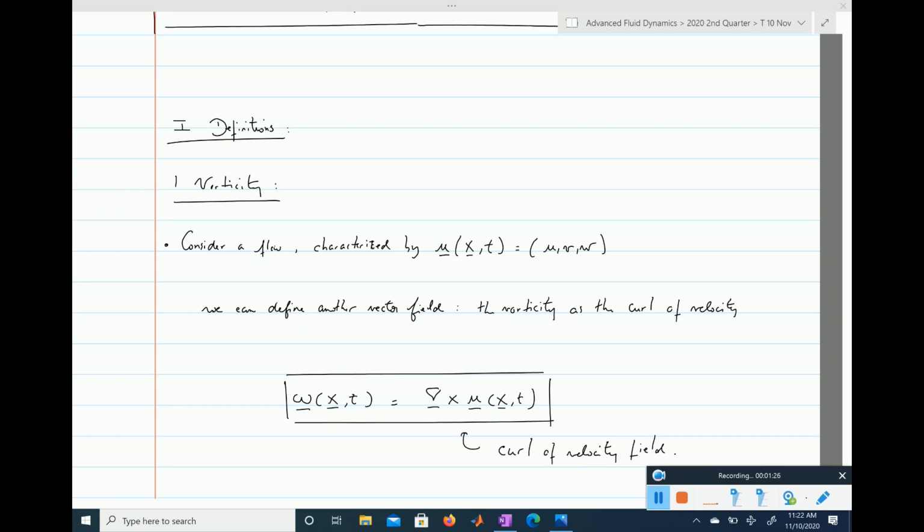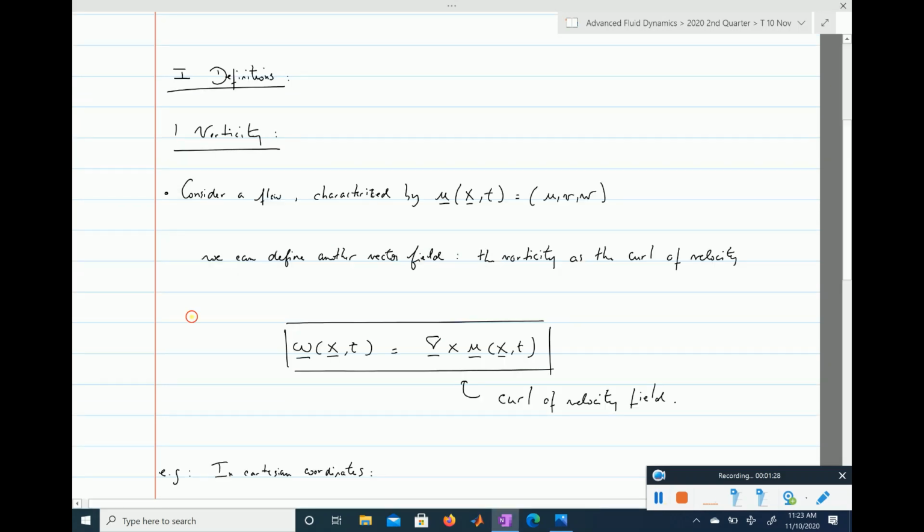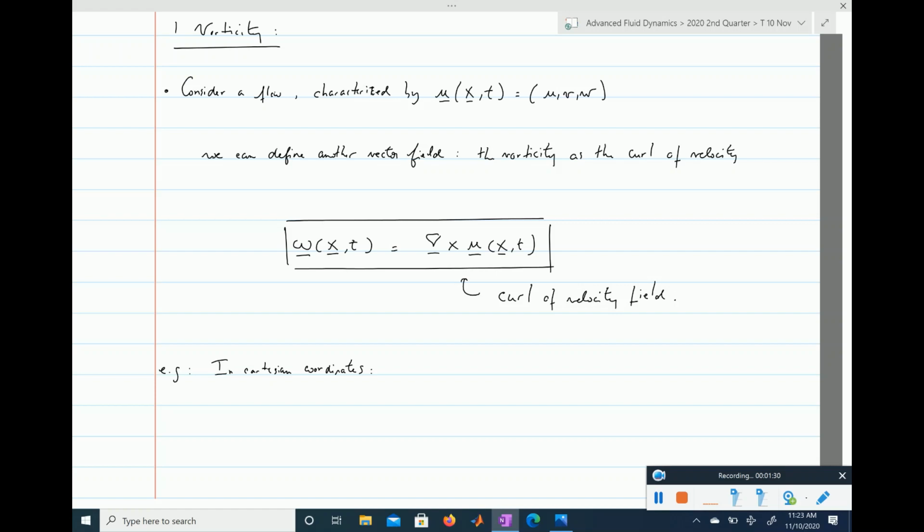So in Cartesian coordinates, we can write the curl: omega is equal to the curl, which we write as a pseudo vector with the gradient operator, cross the velocity field. And we can compute this simply by doing this cross product.